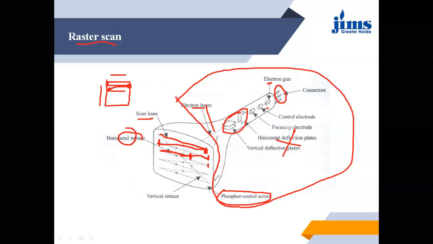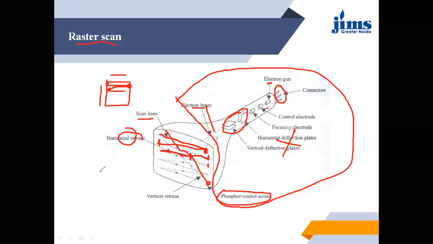And when it has to be transferred from the end of the last scan line, from the bottom right of the display unit, to the leftmost top corner after scanning all the scan lines, it is called vertical retrace.